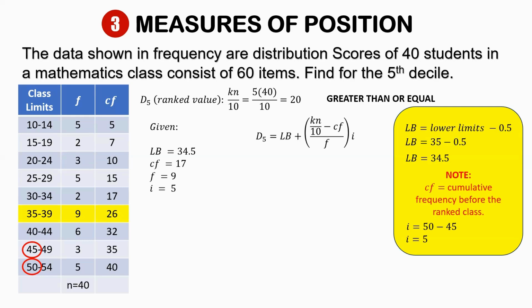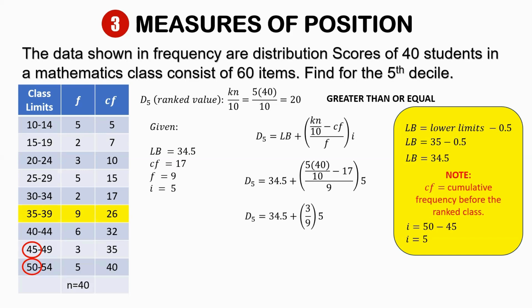By these values gathered, let us substitute those values in our formula. So we have 34.5 plus 5 times 40 divided by 10 minus 17. That will be 3, divided by 9. So we will have 3 over 9 times 5.